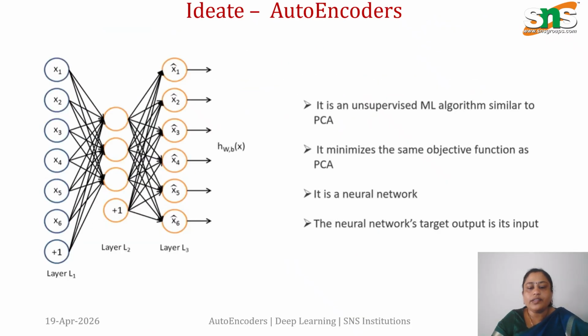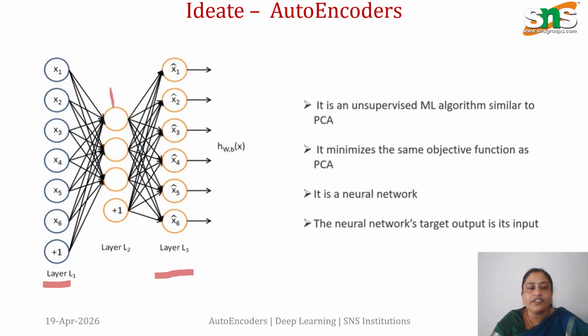We all know the autoencoder has two main components, the encoder part and the decoder part. The input data is passed into the encoder. Consider it as layer 1. The encoder part compresses the information.